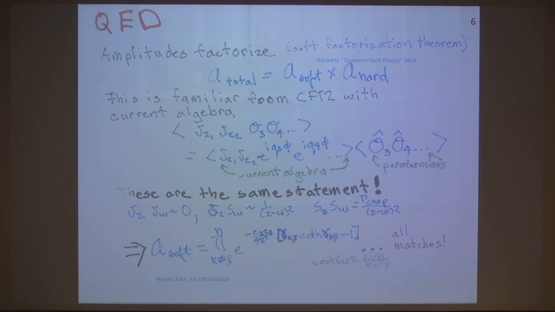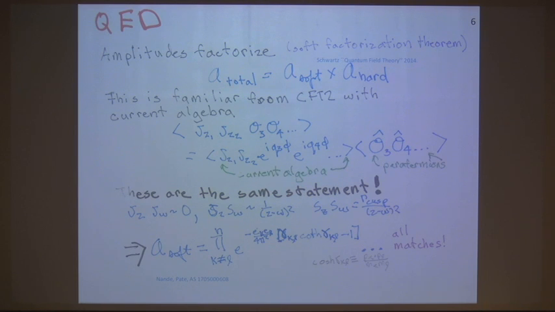Now, one of my favorite calculations, which I've actually never given a talk about before, even though it was a year ago, is this. In the last several decades, it's been shown in QED and also in QCD that the total scattering amplitude in momentum eigenstates factorizes, with the help of an infrared divisor, into a soft piece and a hard piece, where the soft piece contains all the soft and collinear poles. Now, if you think about it, we've seen something like this before in two-dimensional CFT.